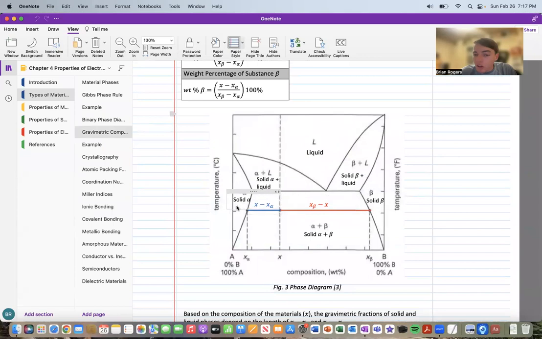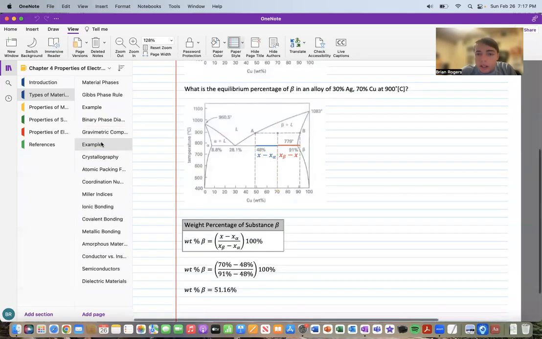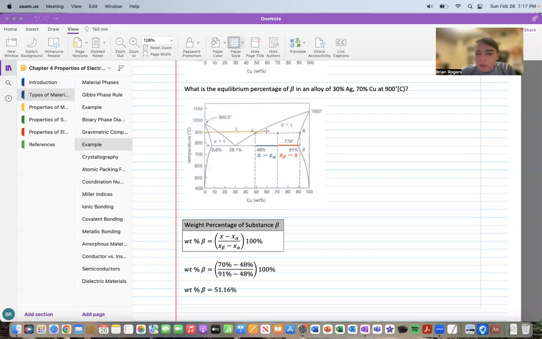One when it was in the solid stage and one when it was also in the solid stage. And so here, though, in our example, notice that at our 900 degrees Celsius mark, the difference between the two, so this is our intersection point, remember, between the two here, for that 70% composition.